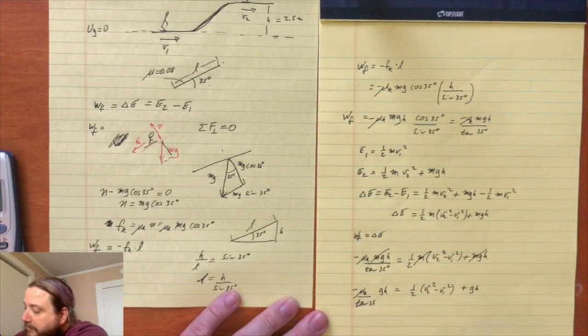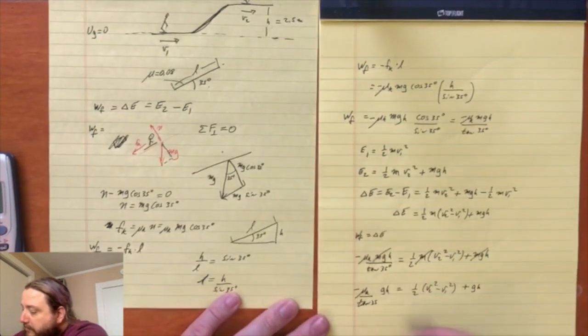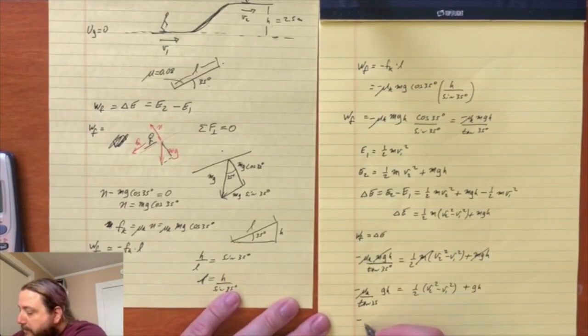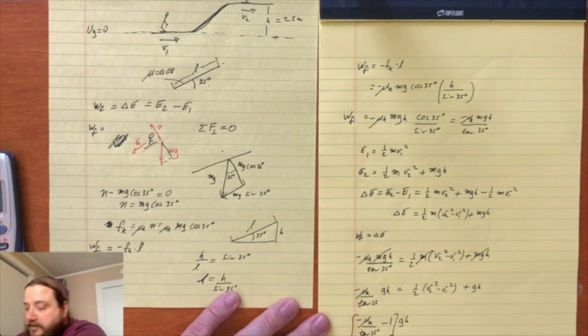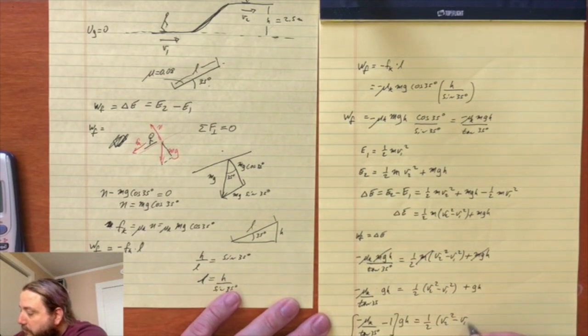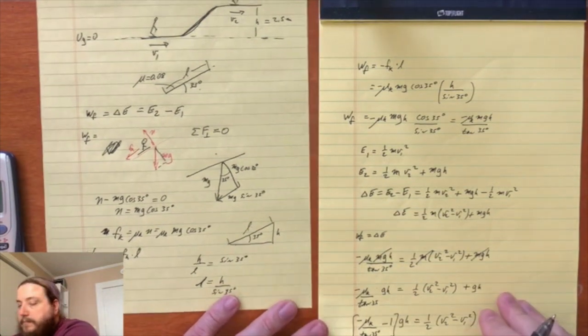So let's move this gh term over. That gives us minus mu k over the tangent of 35 degrees, minus 1, all of that times gh, is equal to 1/2 (v2 squared minus v1 squared).